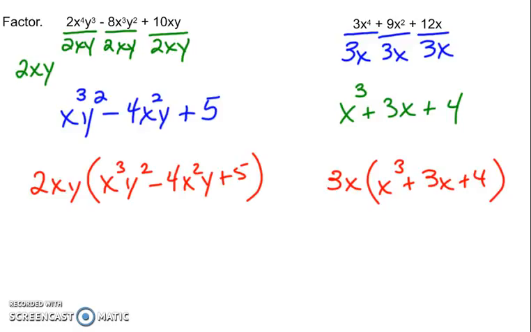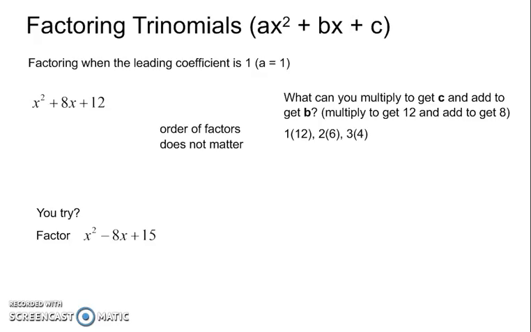Now let's take a look at factoring trinomials. So let's first look at factoring trinomials when a, the leading coefficient, is equal to 1. Our standard form of a quadratic is ax squared plus bx plus c. So if a is equal to 1, we want to look at our constant, which in this case is 12.